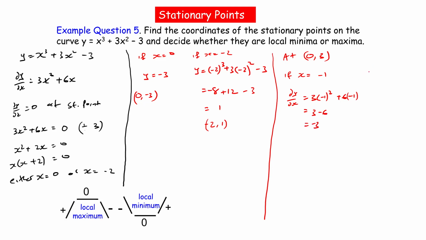And just after 0, so if x is equal to 1, dy by dx is going to be equal to 3 times 1 squared plus 6 times 1, which is equal to 3 plus 6, which is equal to 9. So we've gone from negative to positive, so it's a local minimum.